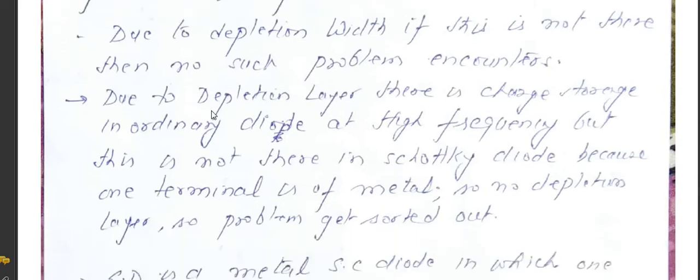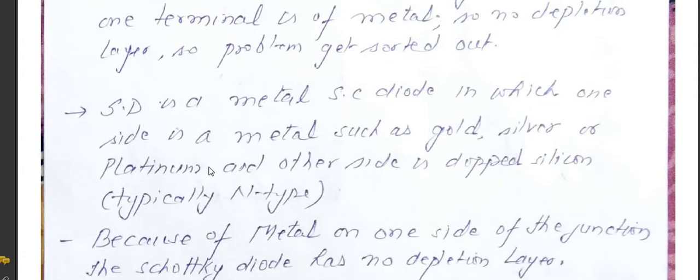So due to depletion layer there is a charge storage in ordinary diode at high frequency, but this is not there in Schottky diode because one terminal is of metal, so no depletion layer, and because there is no depletion layer, there is no problem of charge storage. So this problem can be sorted out. Now we can say the Schottky diode is a metal semiconductor diode in which one side is a metal such as gold, silver or platinum, and other side is doped silicon, typically N-type.